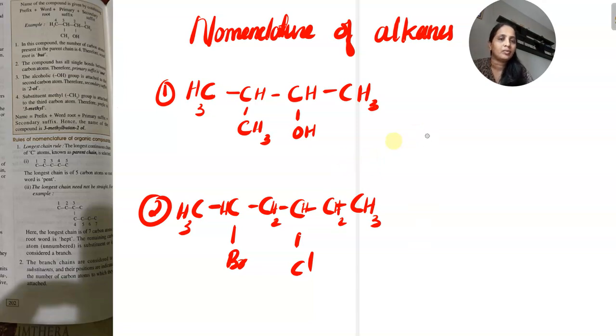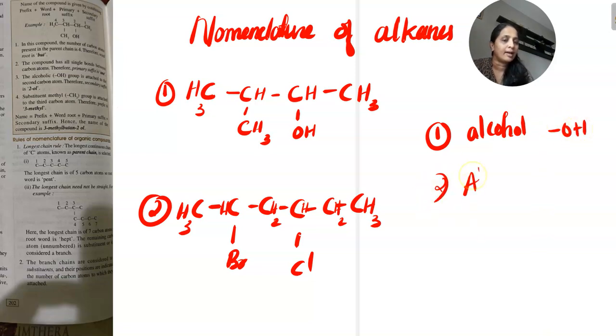Here, you studied, if any functional group is present. Functional groups are the groups that decide the character of that particular organic compound. For example, alcohol means the OH group. Aldehyde means the CHO group.